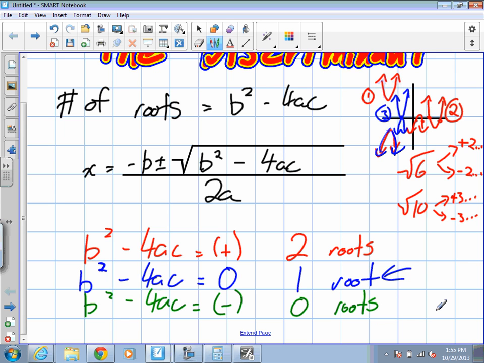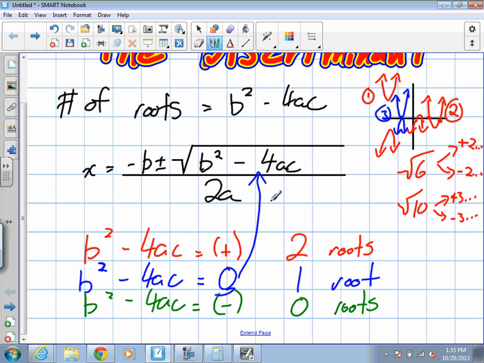What about when it equals 0? Why would I only get 1 root? What did I do to figure out the others? The positive, I put it under the square root, and I did the same with negative. What if we put 0 in there? What's the square root of 0?